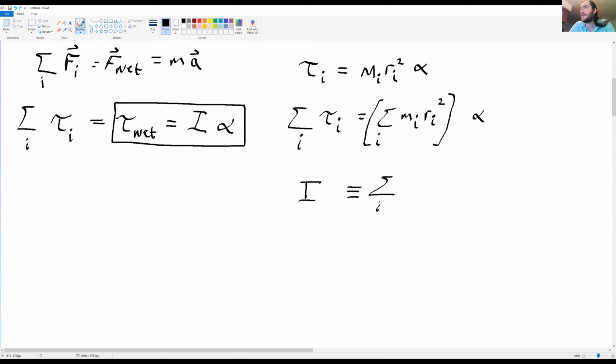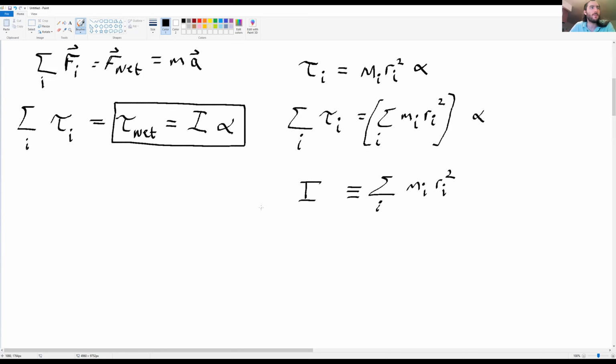So the moment of inertia of an object is defined as this summation here. And for those of you who are in the calculus class, I won't ask you to do this, but this summation becomes an integral when you have a continuous distribution of masses. So if you have like a sphere with a constant density, or like a cylinder with a constant density, you have to do like an integral to figure out what that formula is going to be. But there it is. That's how you calculate the moment of inertia.